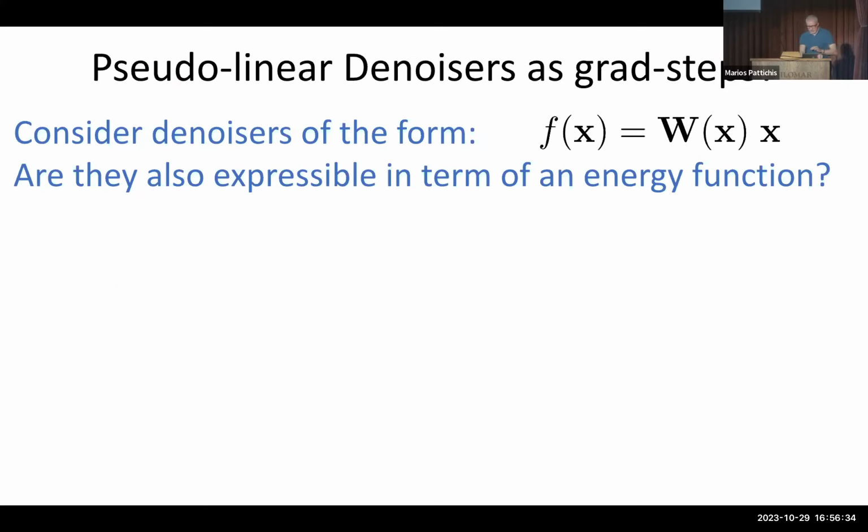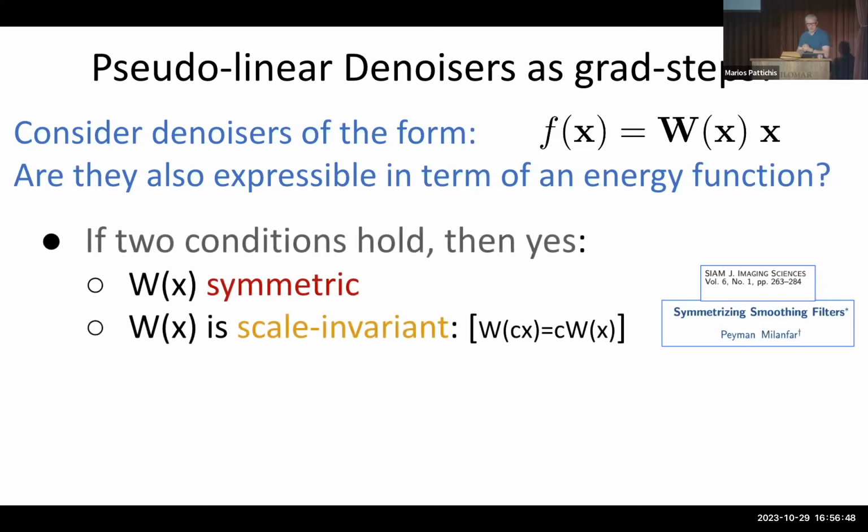One thing I didn't mention is these nice properties that I just talked about. Can you say that for these pseudo-linear denoisers as well? Can they be expressed in terms of some energy function? It turns out they can, but under some provisos.